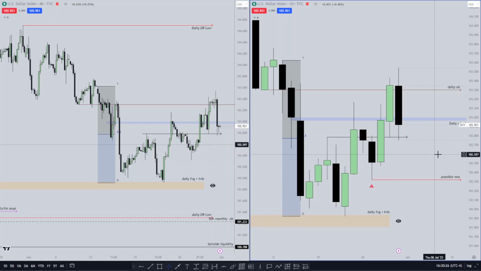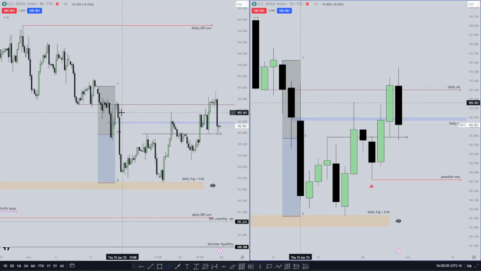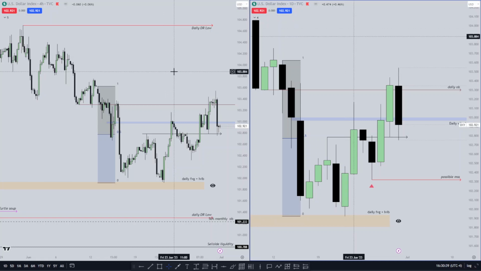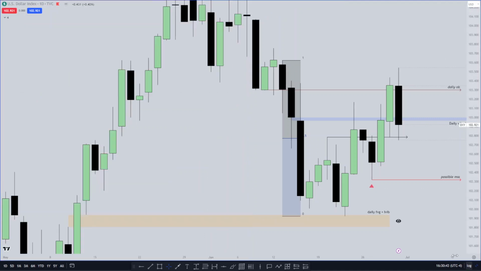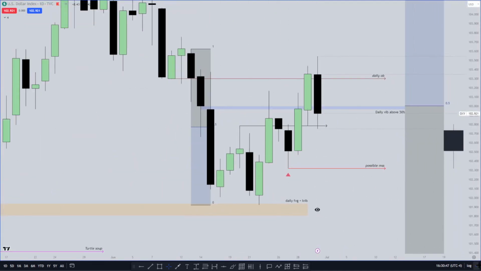Now, the thing I notice about DXY: never watch DXY on a 5-minute time frame or else you get screwed. Always watch DXY on a daily and also a 4-hour. This is how I watch DXY.